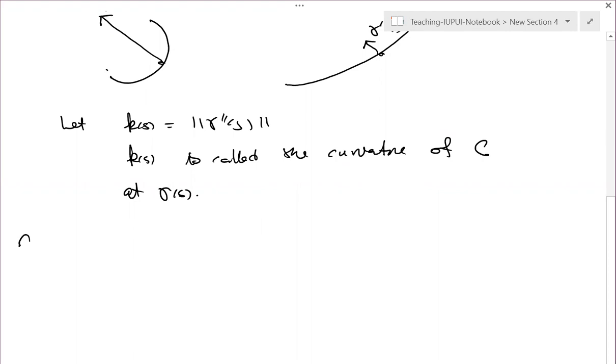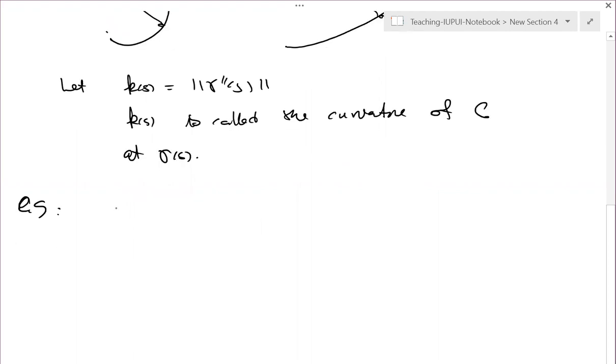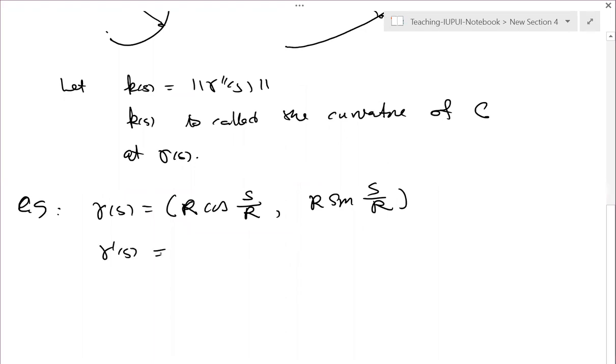So the example we want to look at is a circle with a radius r. The reason for s divided by r is that this is going to have unit speed. So it's going to be negative sine of s over r and cosine of s over r.